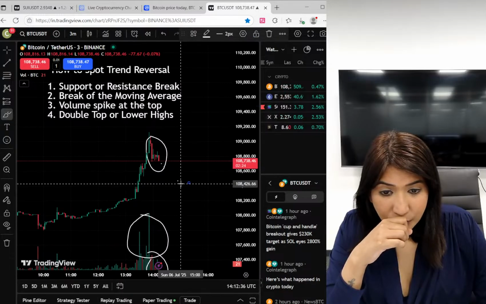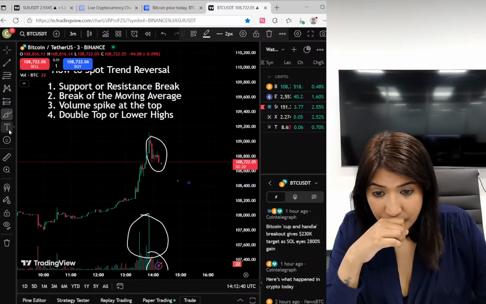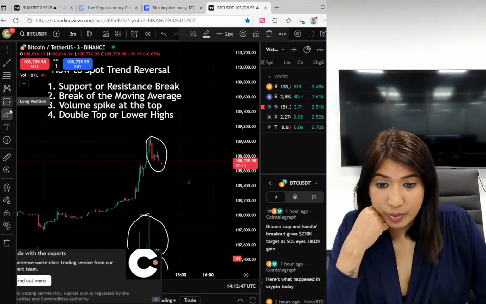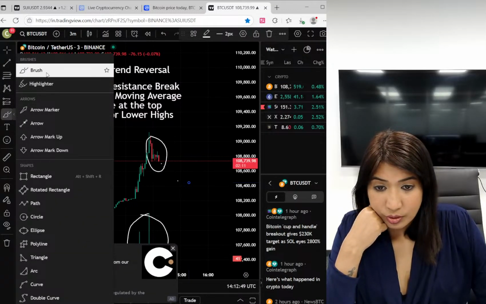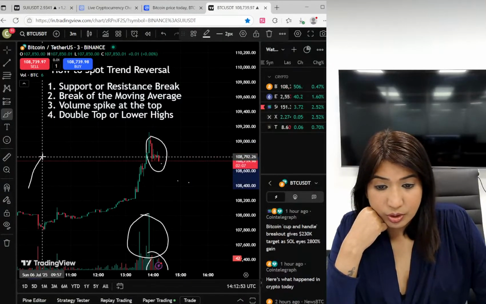Now coming to double top or lower highs. You know double top, right? How do we allocate double top? Let me open my brush, and then I'll show you. So this is my double top.